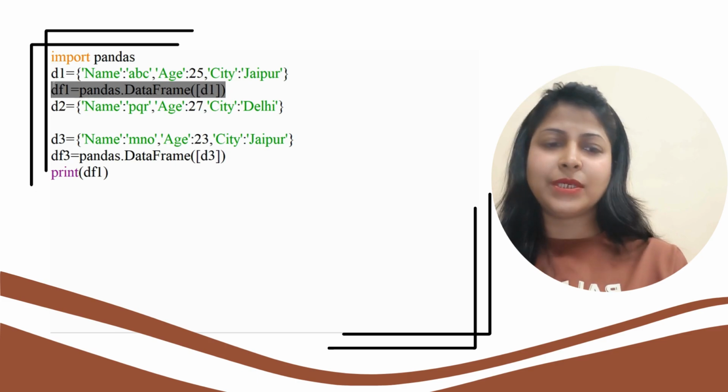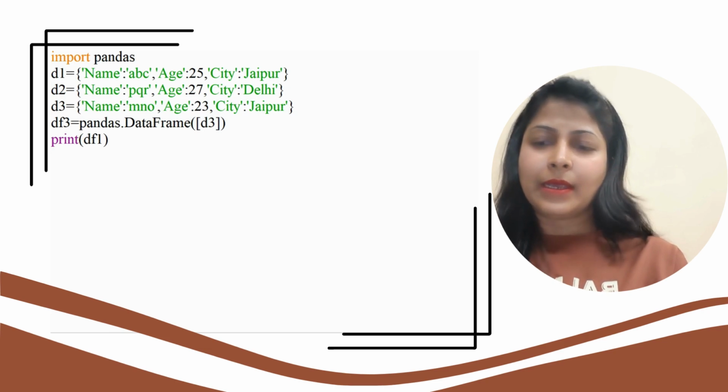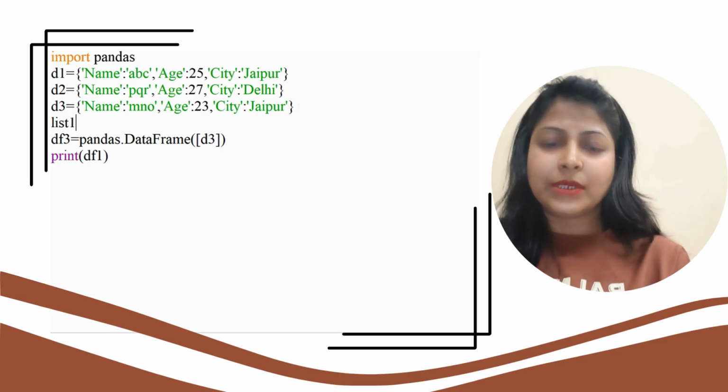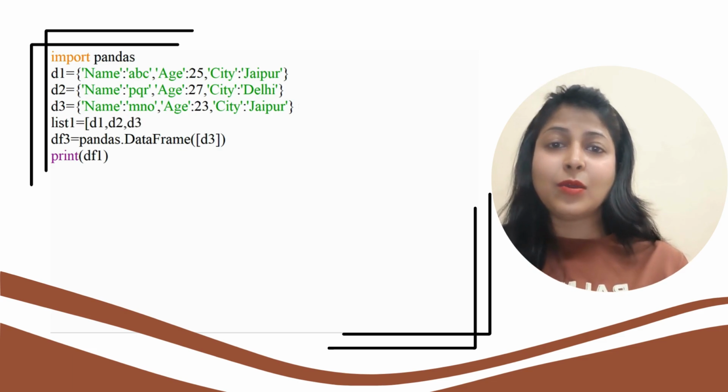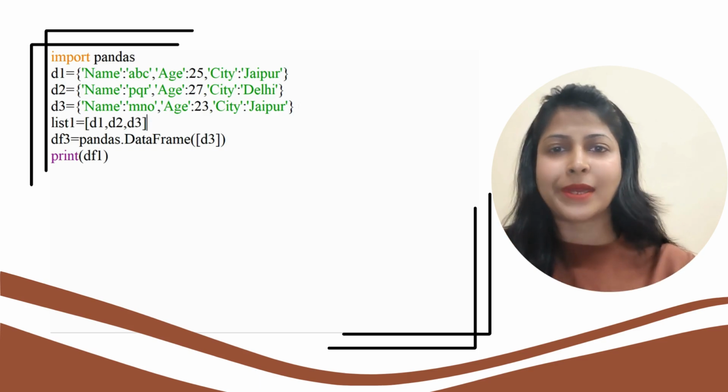Let me show you. I'm taking list1 is equal to D1, then D2, and then D3, enclosed within square brackets. That means I have enclosed all the dictionaries together into one list.